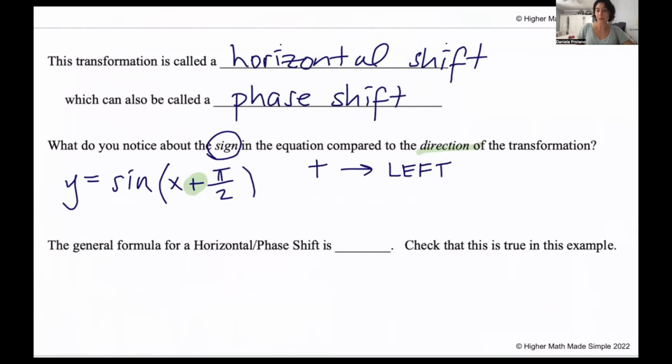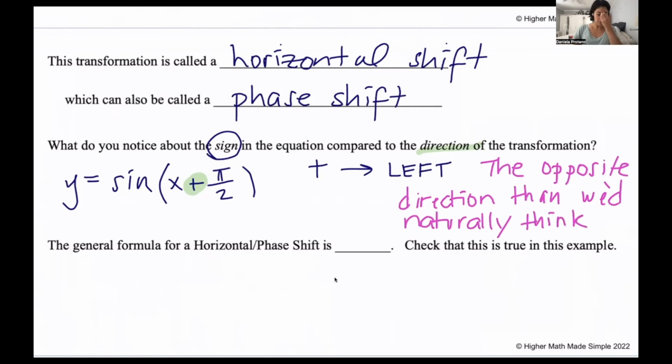So naturally we want to say it goes to the right, but unfortunately it doesn't work that way. So I'm going to write its opposite direction of what we'd naturally think. And the general formula for the horizontal or the phase shift is the c value divided by the b value.